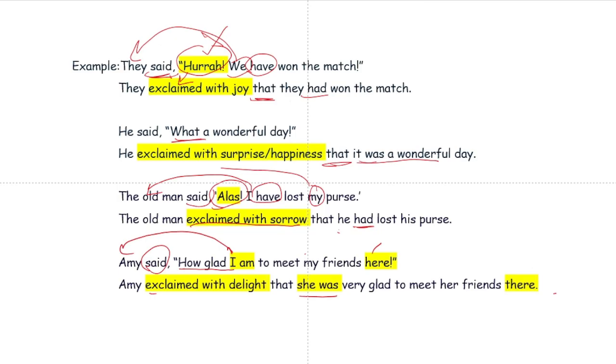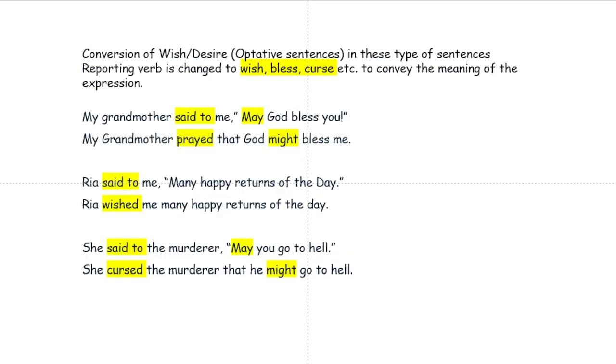Now let's see some other sentences, which are optative sentences in which we show some desire or wish. In these types of sentences, the reporting verb, that is said, will change into wish, bless or curse, so that we can convey the exact expression or feelings of the sentence, right?